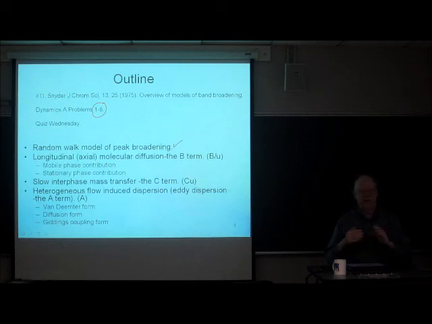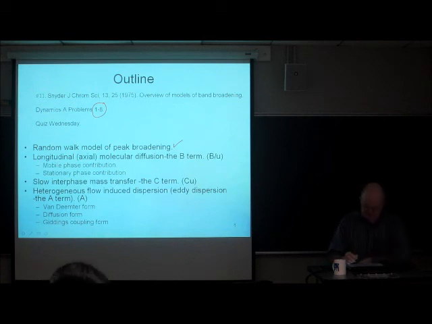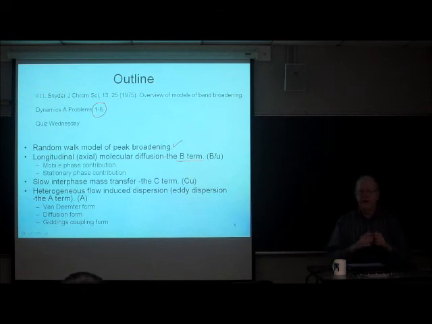So first, the easiest one to deal with is the so-called longitudinal diffusion term, the B term. This represents the broadening that comes about due to molecular diffusion along the axis of the column. This is what we call longitudinal diffusion.